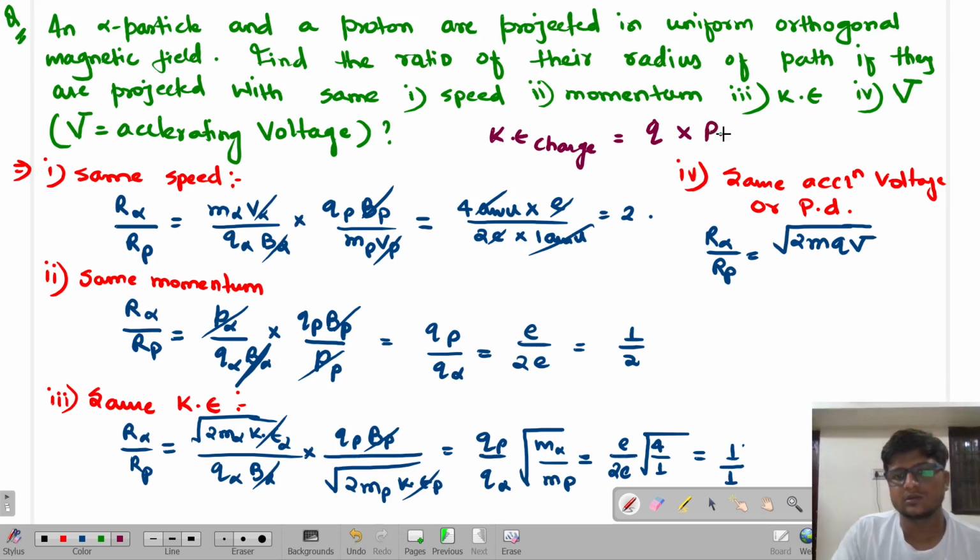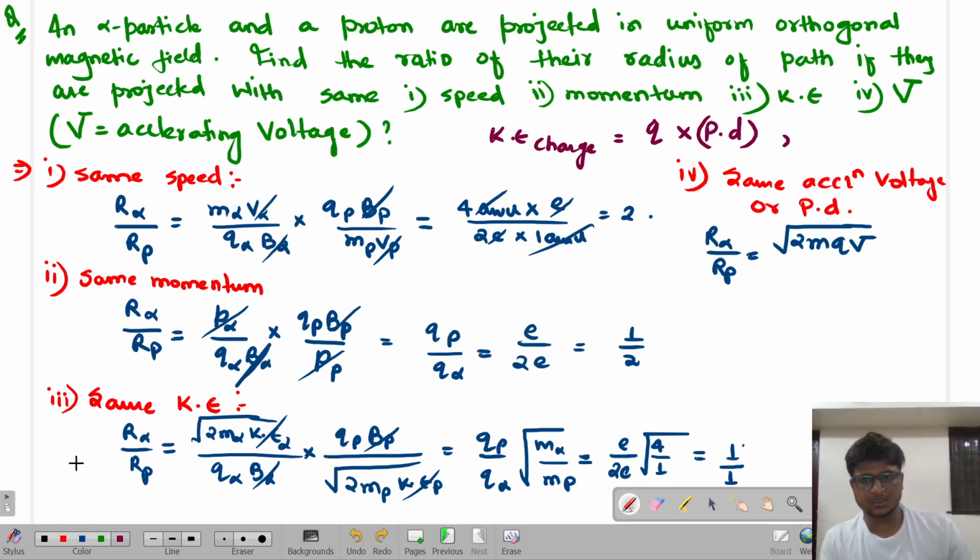This formula comes from the fact that potential difference is equal to work done by charge, or work done is equal to that. So you have to follow that formula. Basically, these all are of alpha particle. Let me write it perfectly.